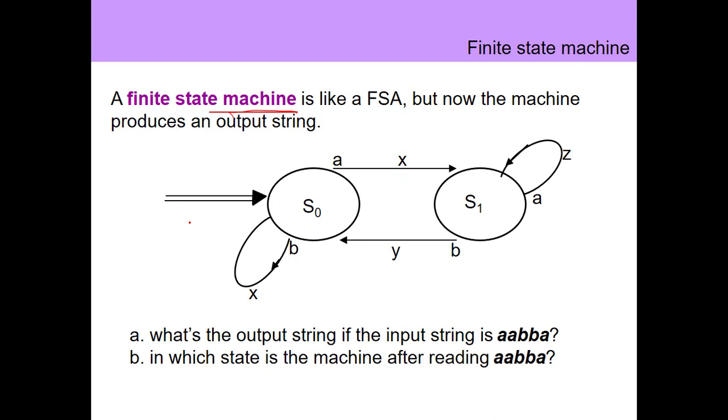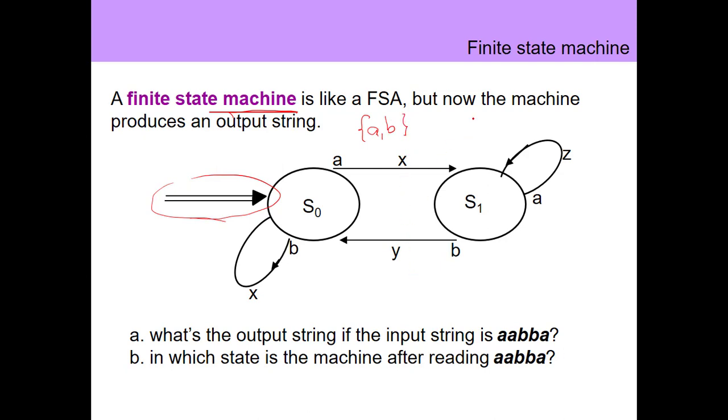So if we look at a finite state machine, again, we need to have one entry point. And then when we are in this first state, whatever we get, the computer will know what to do. So in this case, we have an input alphabet of A and B, but we also need an output alphabet.